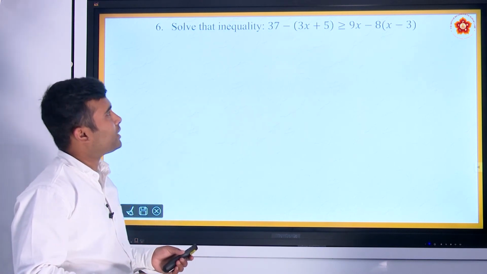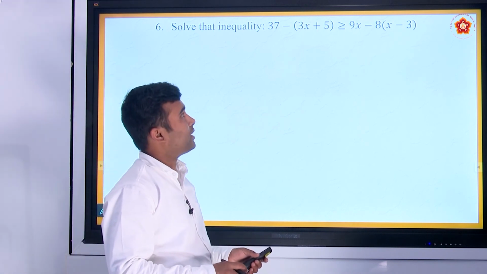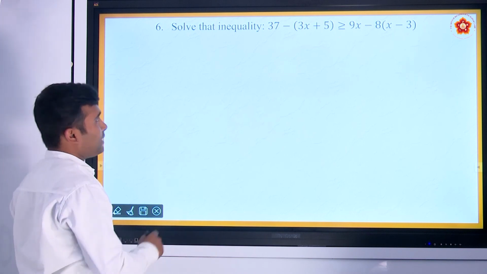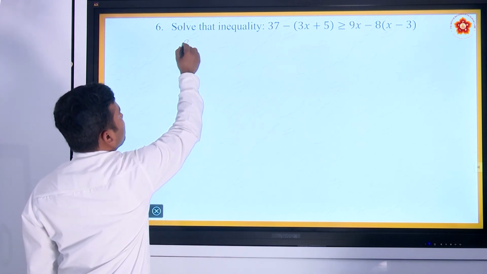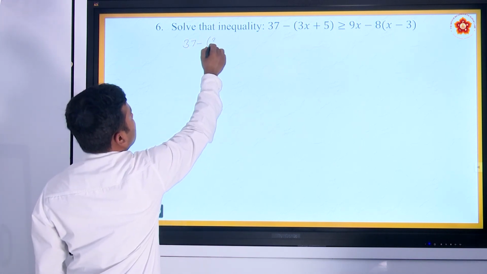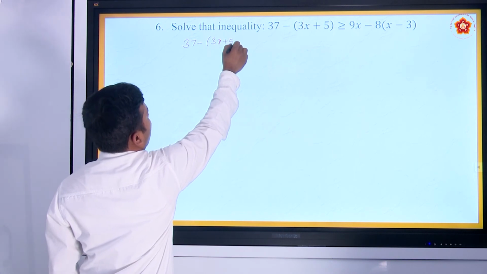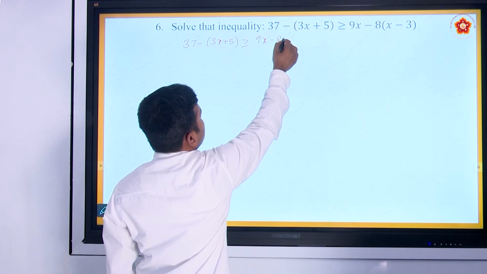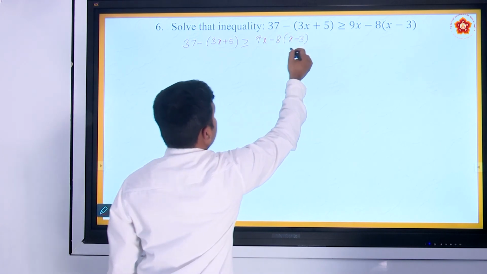37 minus of 3x plus 5 is greater than or equal to 9x minus 8 times x minus 3.